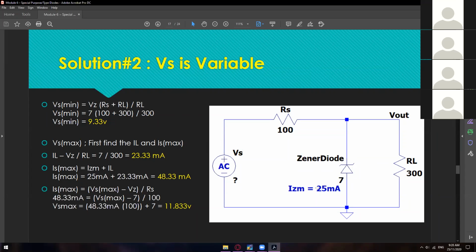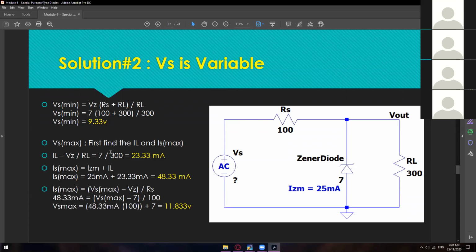IZM here is 25 milliamps, which is the maximum current of our Zener diode, and IL is already solved, which is 23.33. So 25 milliamps plus 23.33 milliamps is equal to 48.33 milliamps. That is our maximum current here, IS max.